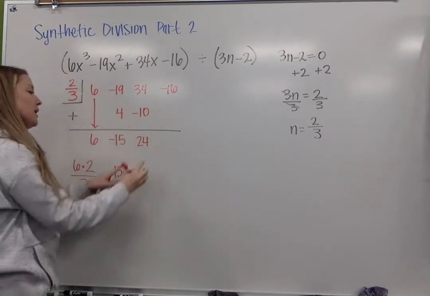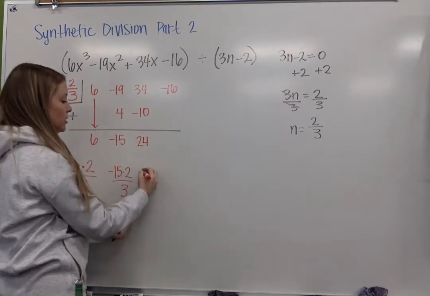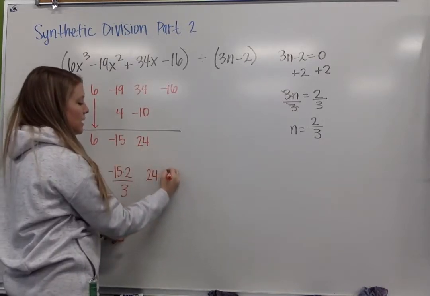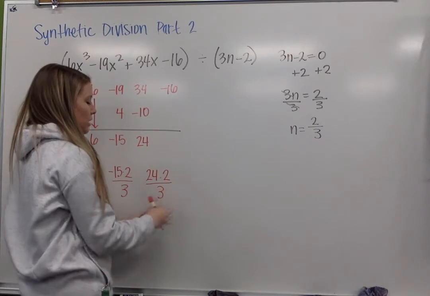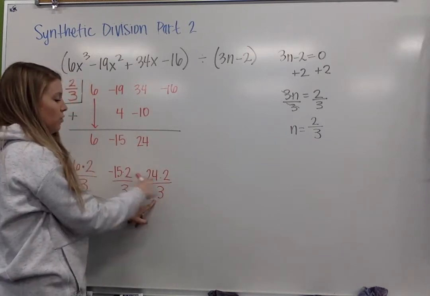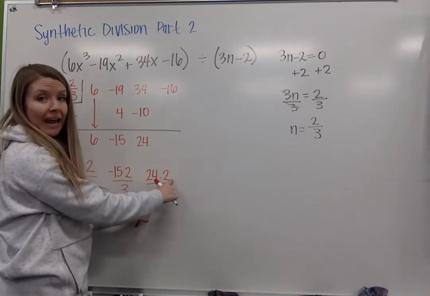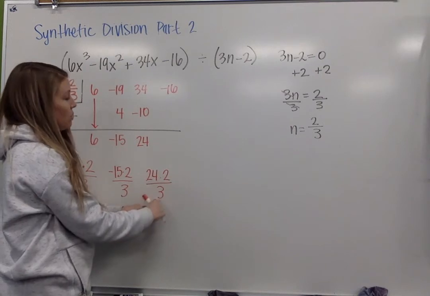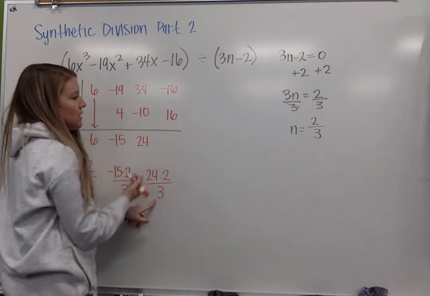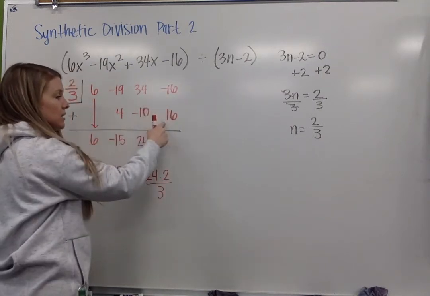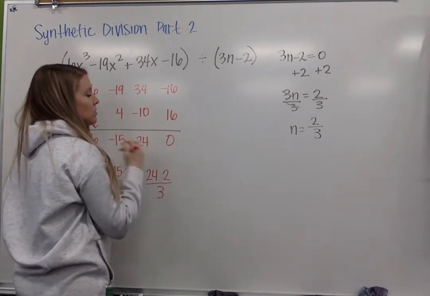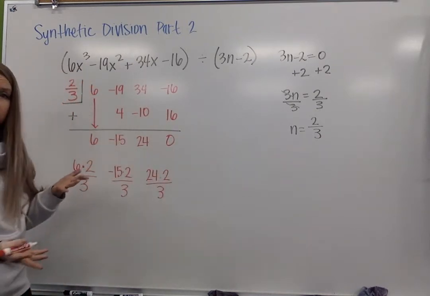Again, 24 times 2/3, that's 24 times 2 divided by 3. 24 times 2 is 48. 48 divided by 3 is a positive 16. -16 plus 16 is 0, and we're done dividing.